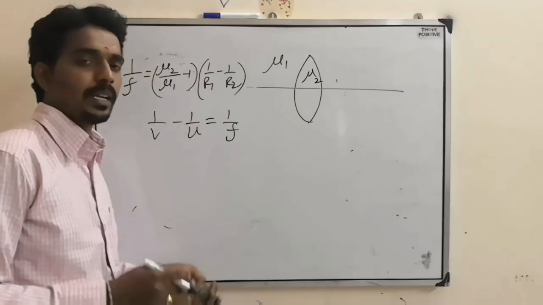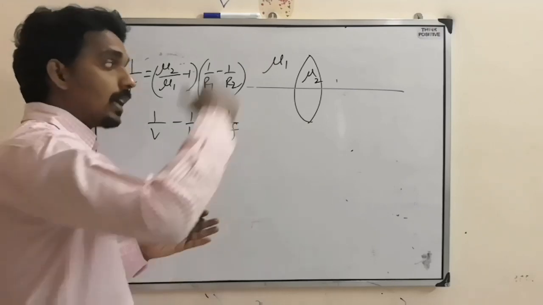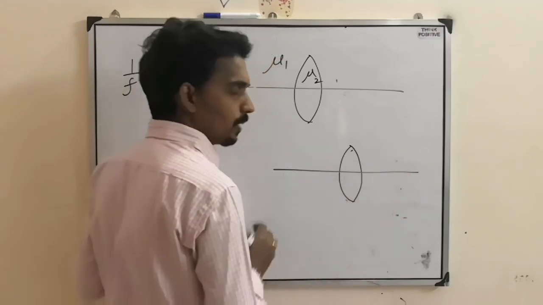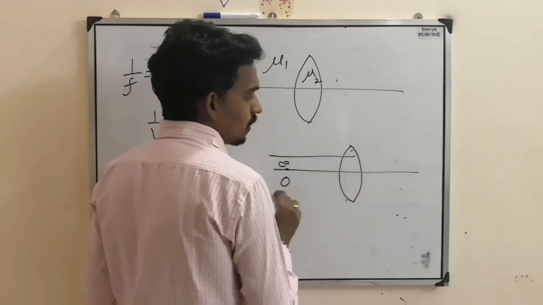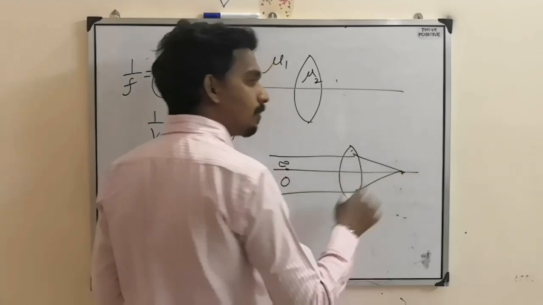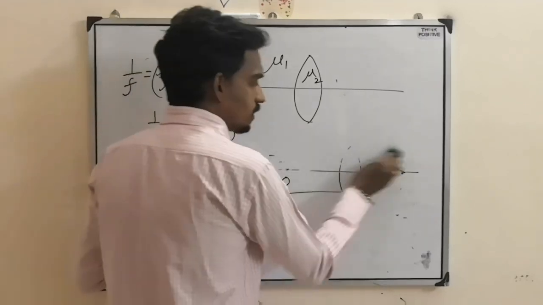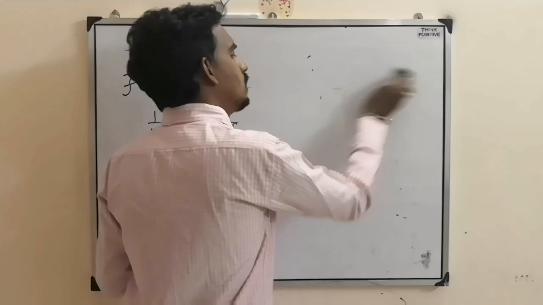And the rules are the same again. If the object is at infinity, the image forms at the focus on the other side. Suppose a convex lens, same as a concave mirror: the object is at infinity, then the image forms at the focus on the other side. Same thing, inverted image, diminished image.